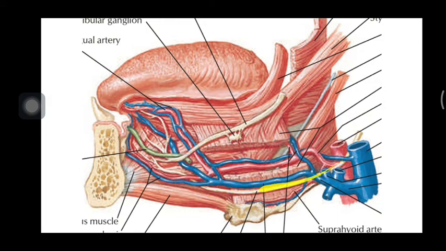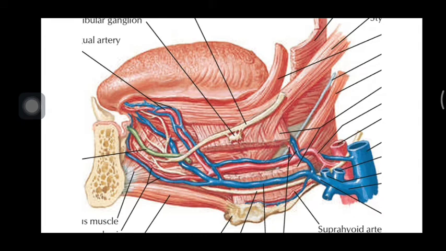This is the hypoglossal nerve. At this region, the hypoglossal nerve is passing superficial to the first part of the lingual artery. The second part of the lingual artery, this is the second part, is the part lying deep to the hyoglossus.